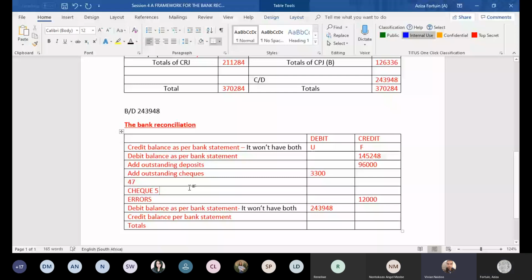We'll have to put that other outstanding check, 6,000, sorry, on our debit side. Okay, so now we can tally up and see if we're going to balance.